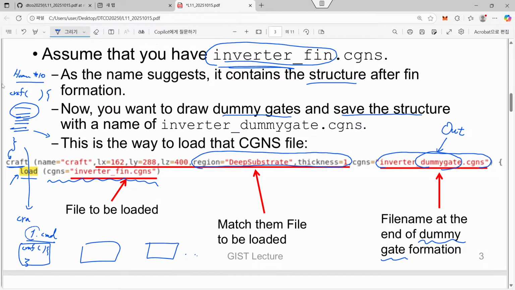Of course you can change its name. After that, it is saved as 1.cgns. Then please load this 1.cgns and generate 2.cgns and send it to the next level. Then you can make another and another.